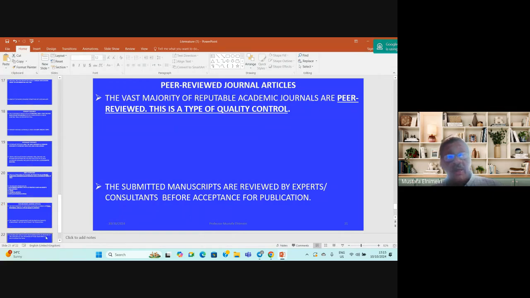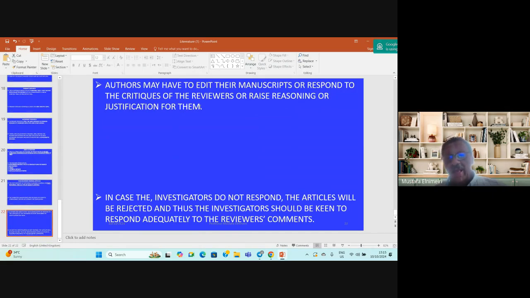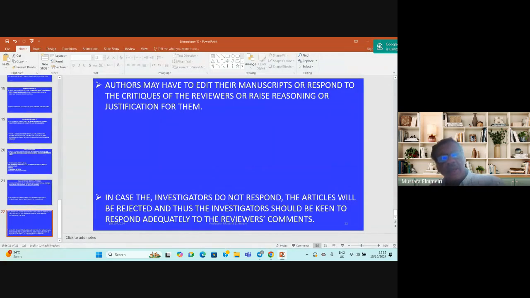And then authors may have to edit their manuscript or respond to any of the critiques that have been raised by the reviewers. If the authors or the investigator do not respond, the articles will be rejected. Thus, investigators are advised to be keen to respond adequately and in a timely manner to the reviewers' comments and critiques, so as to avoid such rejection.